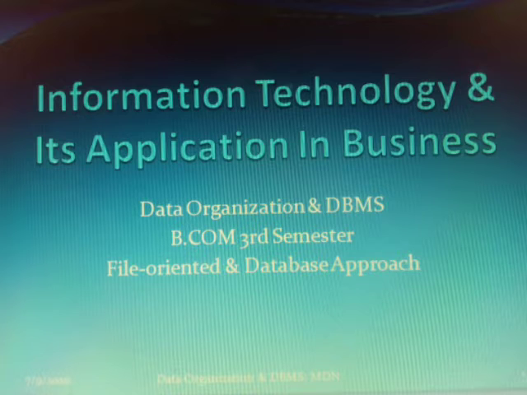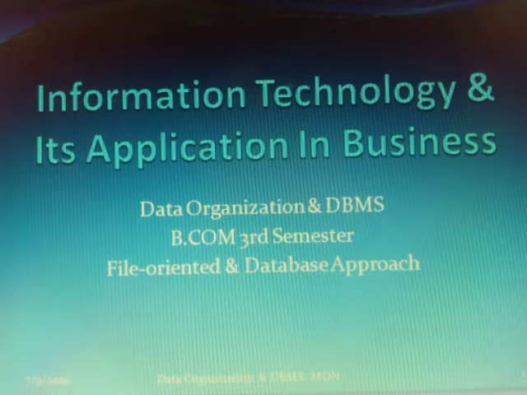Therefore, each application has a separate master file and its own set of personal files. Now, these types of files will be maintained for each application, and that will include the following.